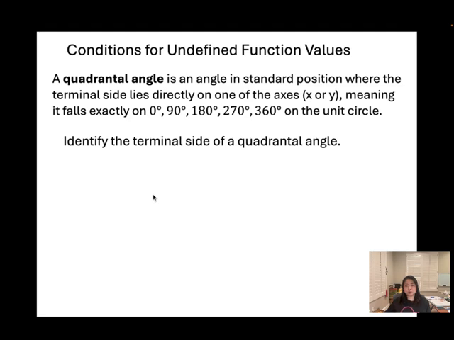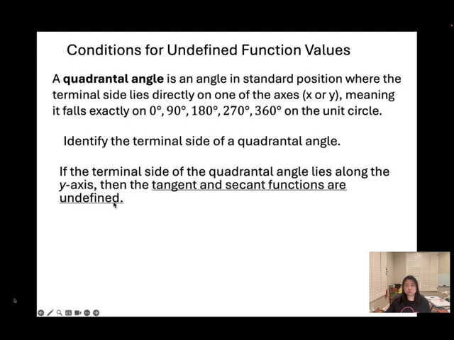Identify the terminal side of a quadrantal angle. If the terminal side of the quadrantal angle lies along the y-axis, then the tangent and secant functions are undefined. You could look at the previous example. When your angle lies on the y-axis, tangent and secant functions are undefined.